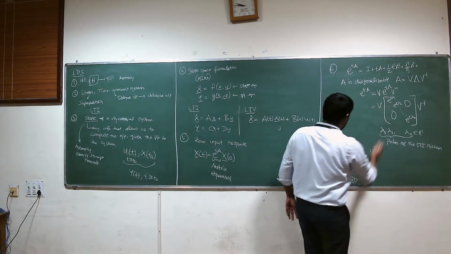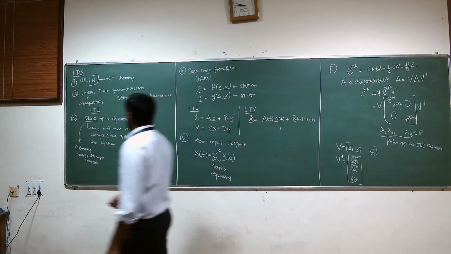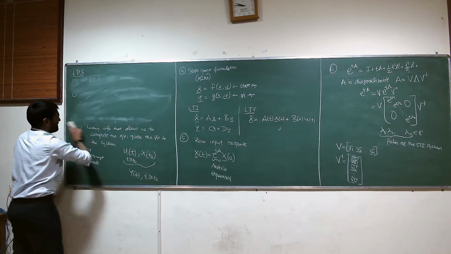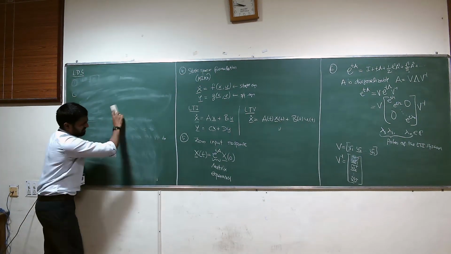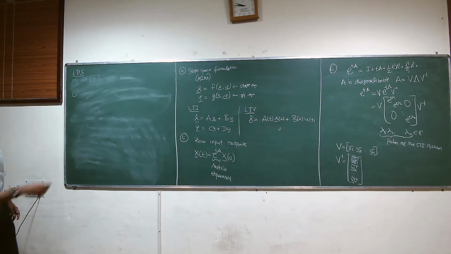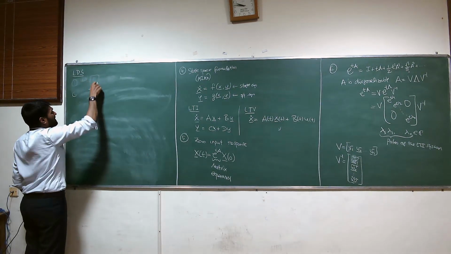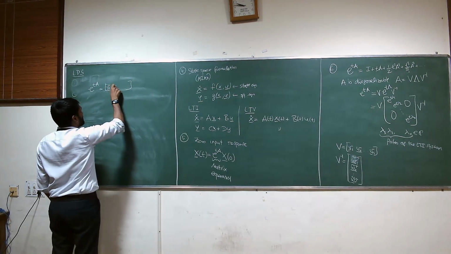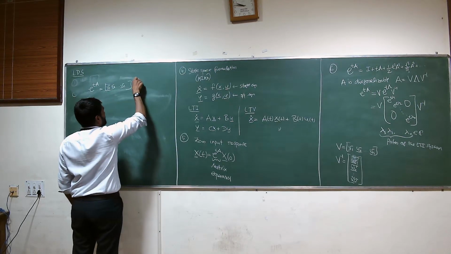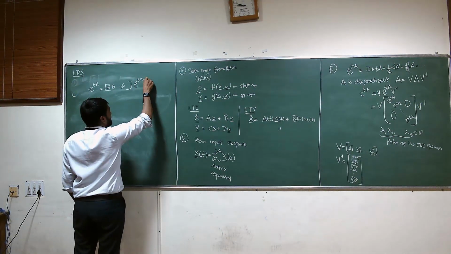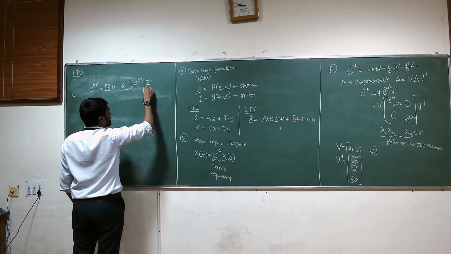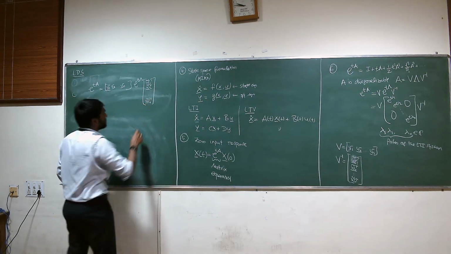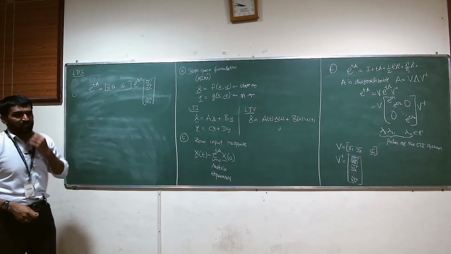If that is the case, now this expression here will essentially become, so then e power At will simply be, what will you get if you multiply this out?